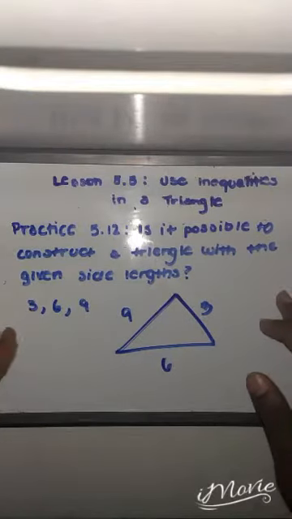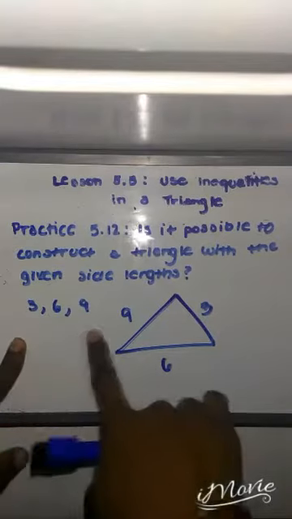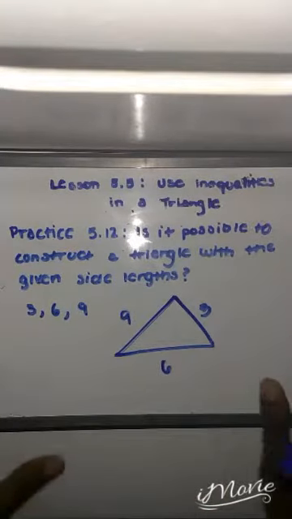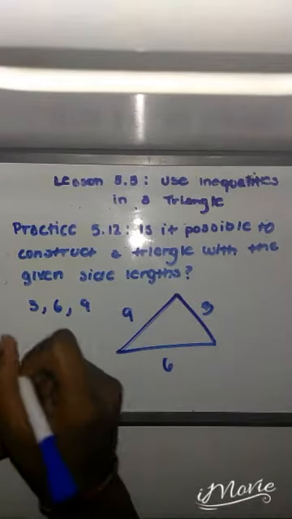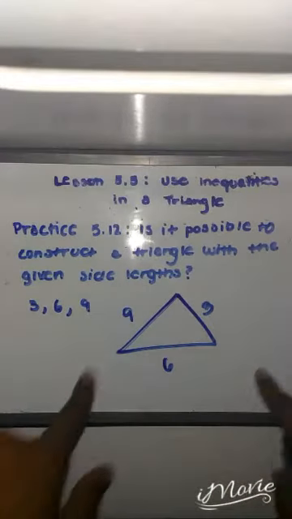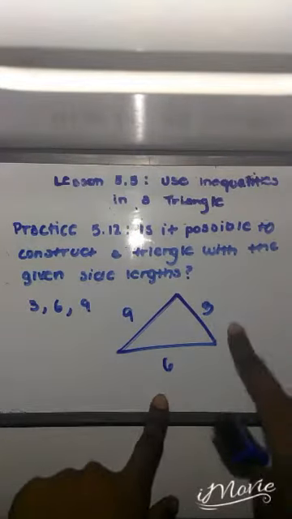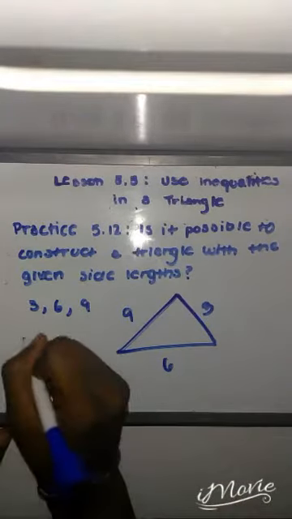The question is asking if, using this theorem, is it possible for these three lengths to form a triangle? Well, first we have to implement what this theorem is saying. So this theorem states you can add any two sides, but the sum has to be greater than the third side. So we will try 9 and 6.